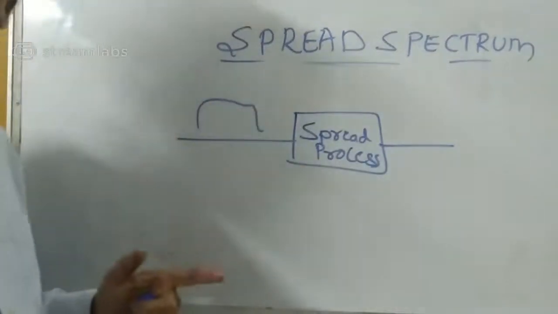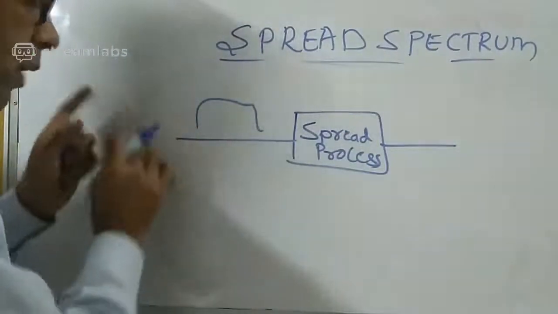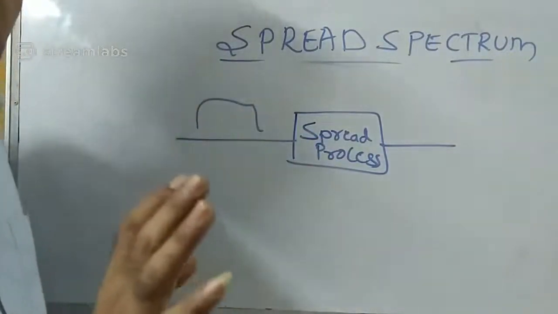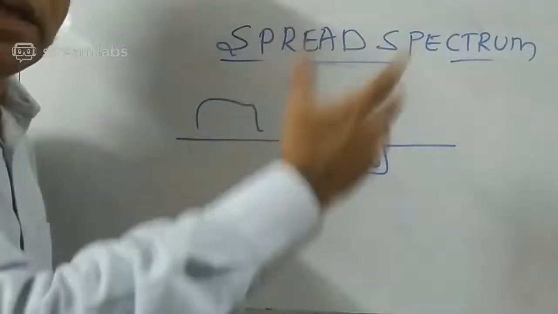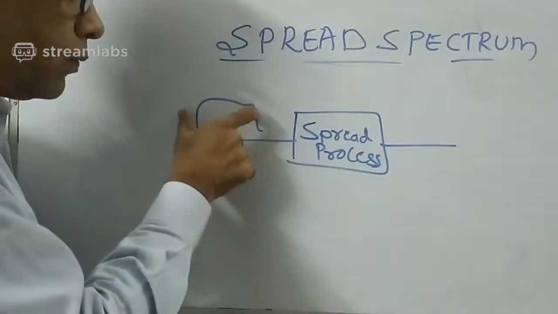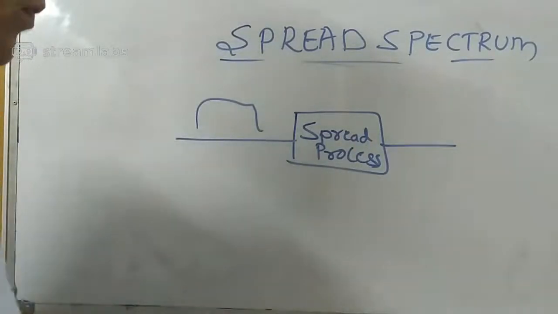This is my input signal. I am talking here about the signal. I am not going to modify the input; the input generates the signal as it is. But the spreading process increases its bandwidth.